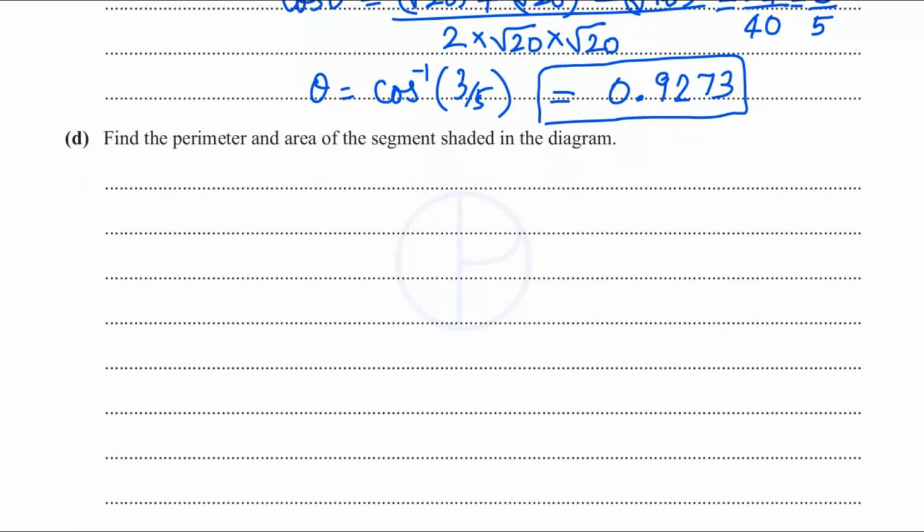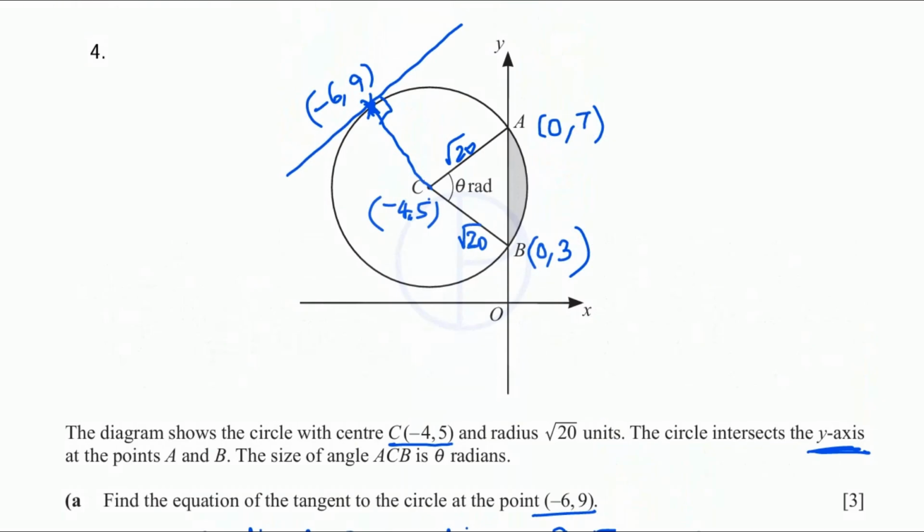Next, find the perimeter and area of the segment shaded in the diagram. So the perimeter is arc length plus the length AB.